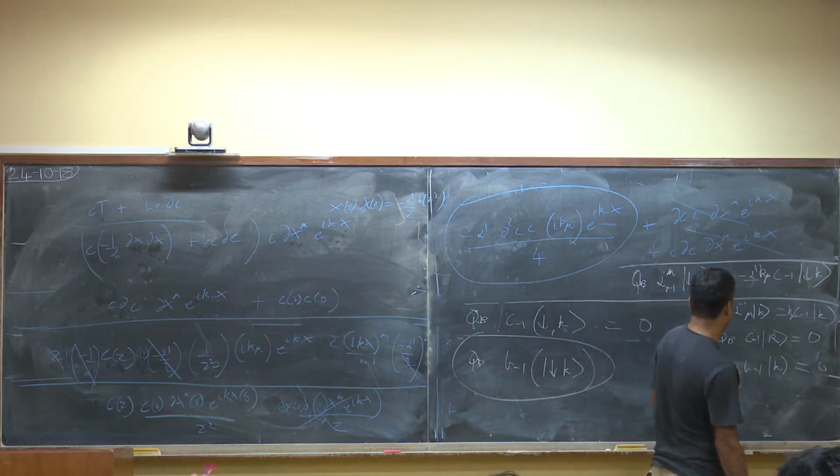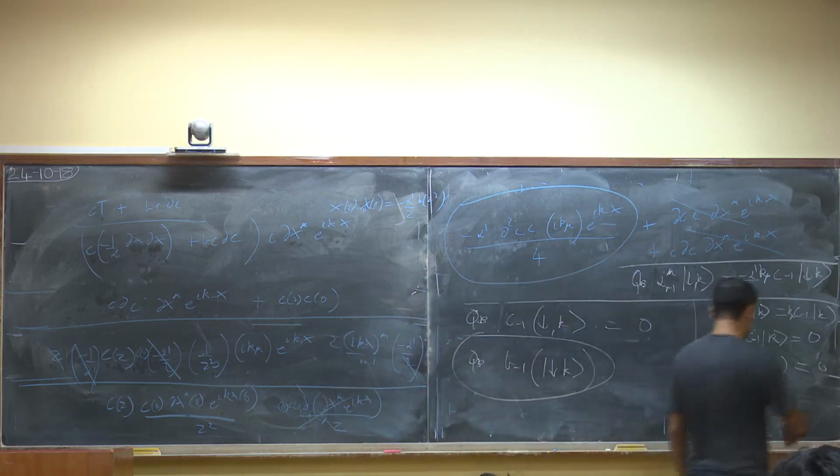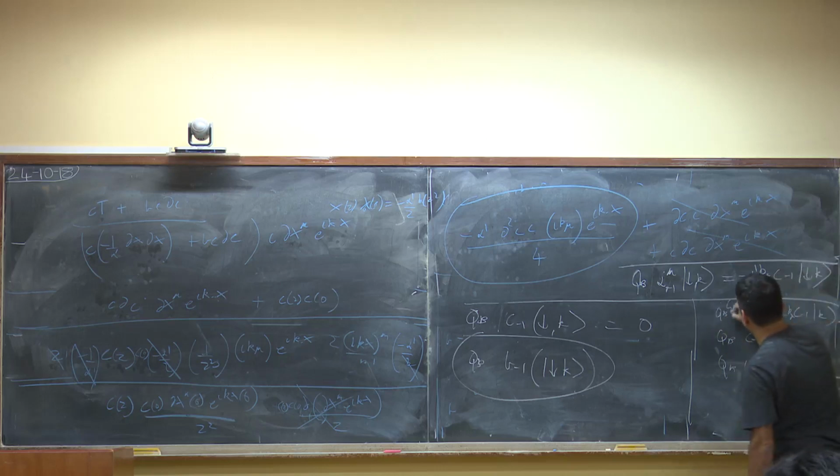The first state is not physical, but it's not closed, unless something happens. This is a massless state, and then we can choose K squared equal to 0. We can polarize this in some way. What we want to do is to take this with an epsilon mu, and if epsilon dot K is 0, then it is closed.